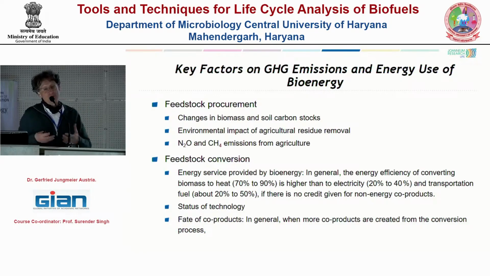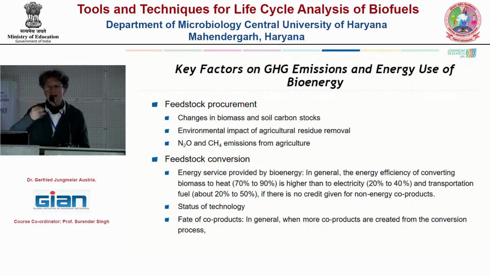We know already what is relevant when you make an analysis on bioenergy. And one is, of course, the feedstock procurement or the feedstock cultivation, logistic, and supply. That has for sure a significant influence. And we know also that the changes in the soil carbon stocks in biomass and soil is essential. So if you build your system and make the inventory, at least you should already include from the very beginning these carbon stocks in the system.